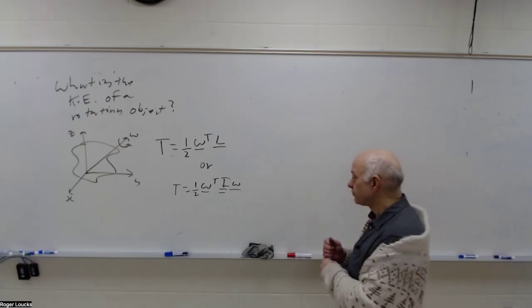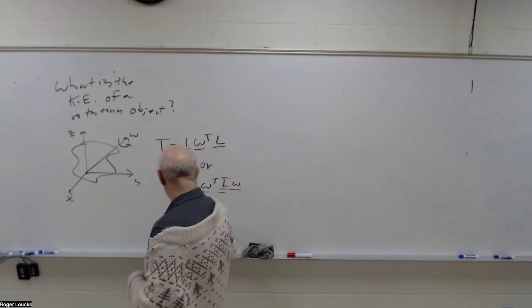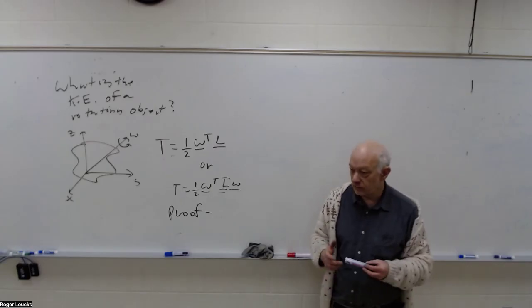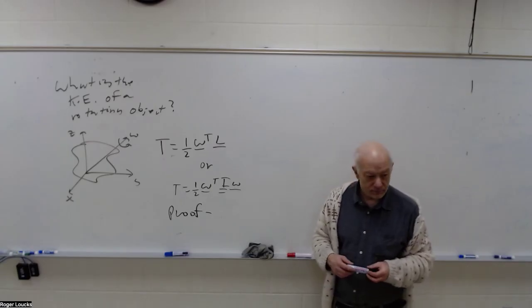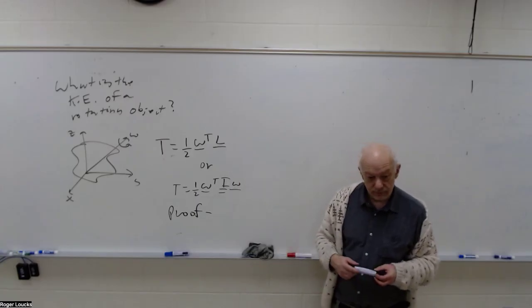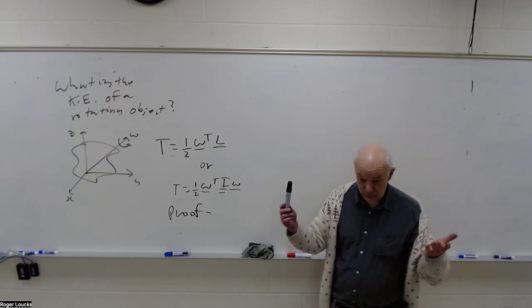Proof. You are pros at this, you tell me exactly how to do this. T equals 1/2 mv squared for some dm, and we're done.